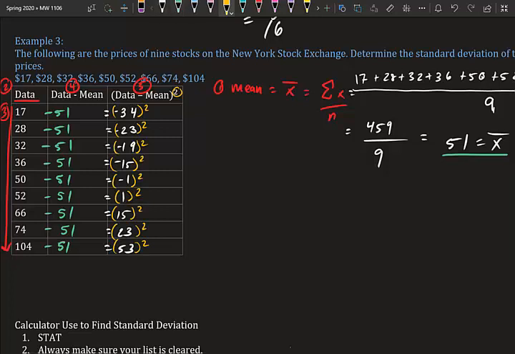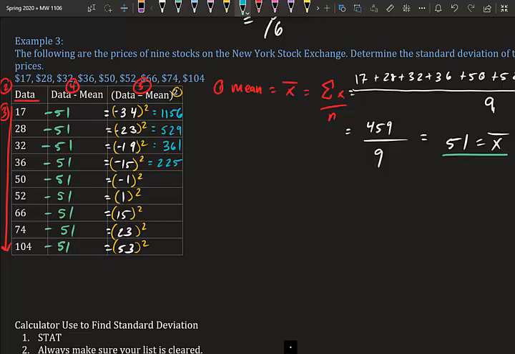All right, now we square each of these values. So negative 34 squared is 1156. Negative 23 squared is 529. Negative 19 squared is 361. Negative 15 squared is positive 225. Remember, when you square something, it's always positive. So if your calculator is giving you a negative, make sure you wrap it in parentheses.